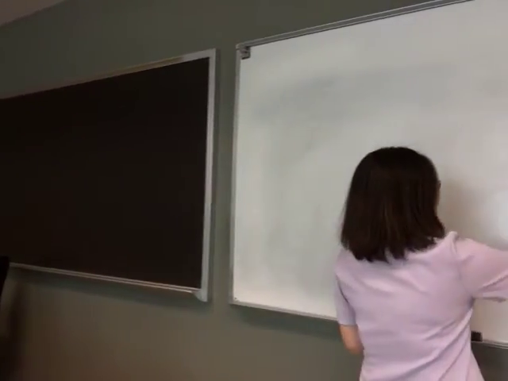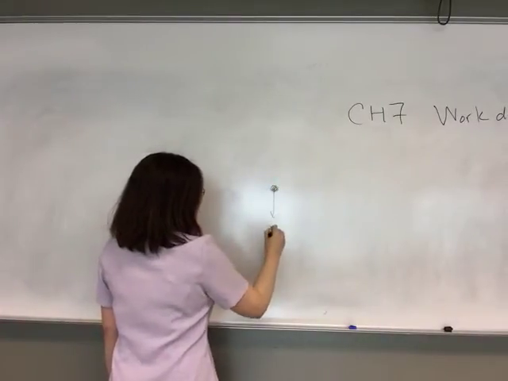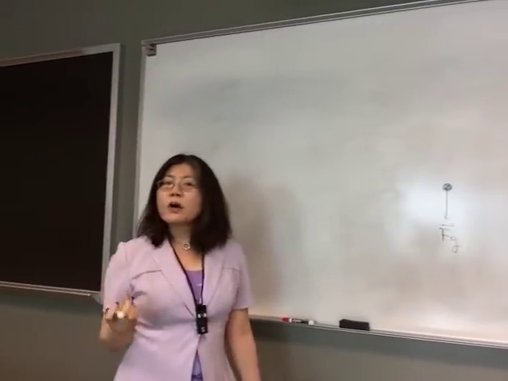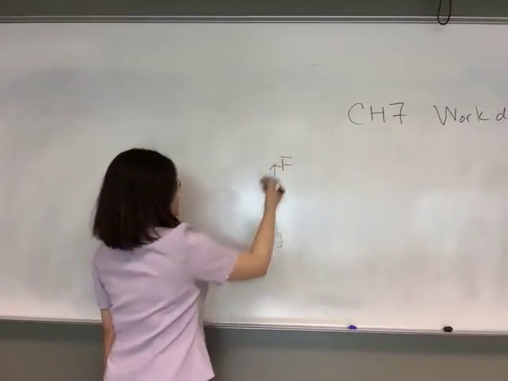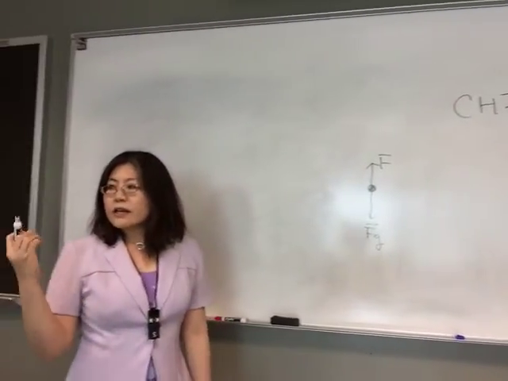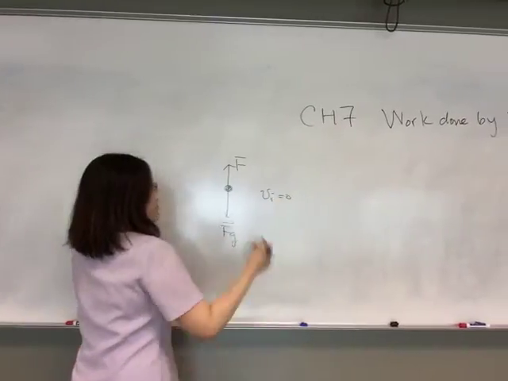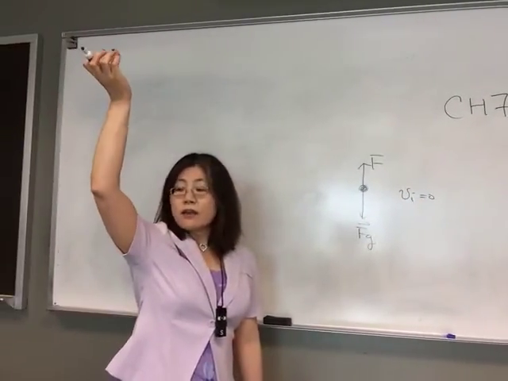So let's say this is the object, okay? The object experiences gravity, that we know. And then you're going to apply a force to this object. So let's say this is the applied force. Initially, it is stationary, so the initial velocity is zero. Then during the move, you're going to move this object from this point to another point.